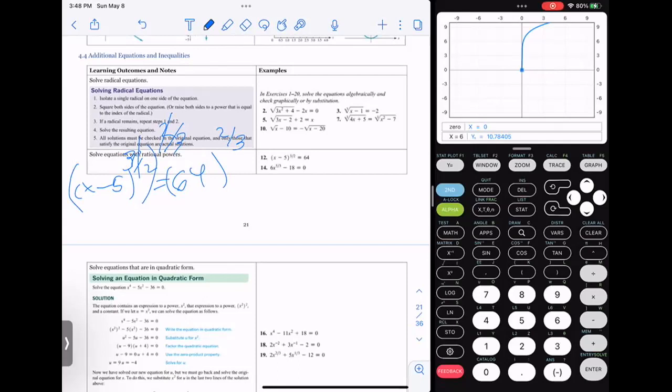So those canceled. Now we're left with x minus 5 is equal to 64 to the 2/3 power. Finally, what should I do to get x by itself?